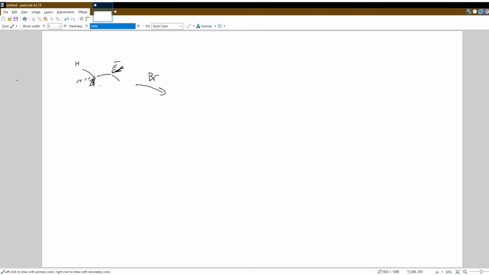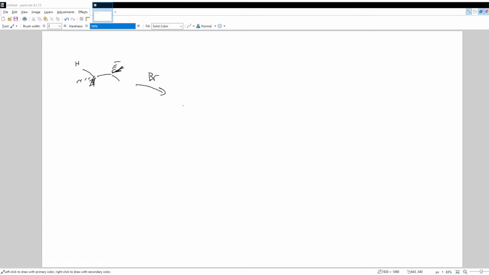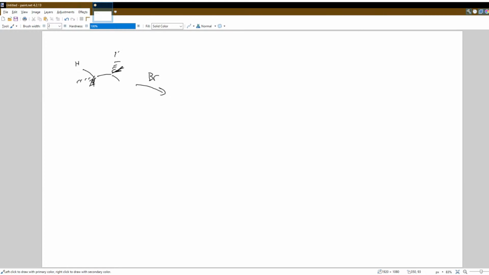So if this is an H right here, it's going to add on to... where would it even add on right here? Nowhere, right? Oh no, I know where it would add on, I think. Which one would it add on to? I think I'll make it easier if it's like this. Yeah, so then it'll add on to our site over here. So that's one thing we can do.